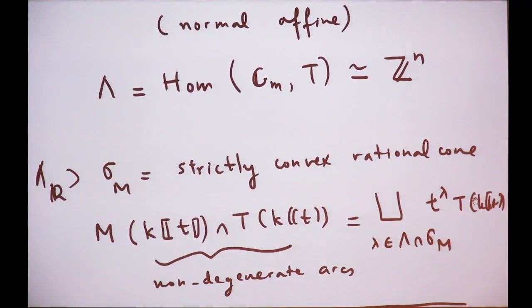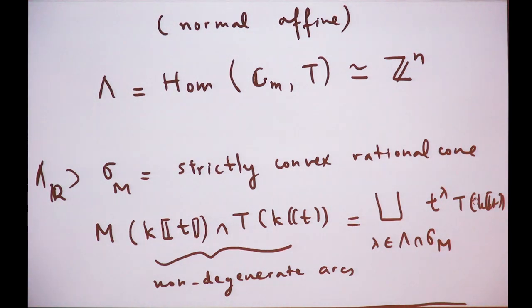And so you can describe the non-degenerate arcs using this cone. Basically, up to the action of the torus, they are given by the integral points of the cone, lambda. Right? So when you look at this function, you just do some kind of experiment.